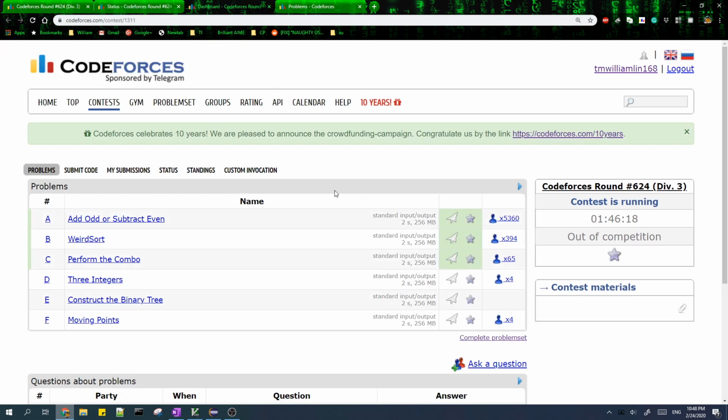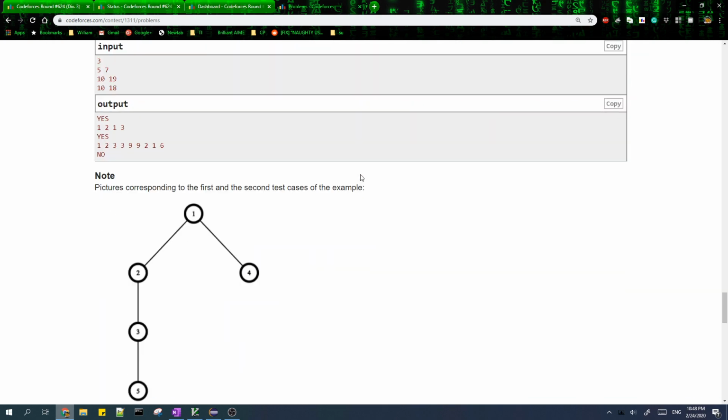Let's see what people are solving. D and F. So I should look at F first.